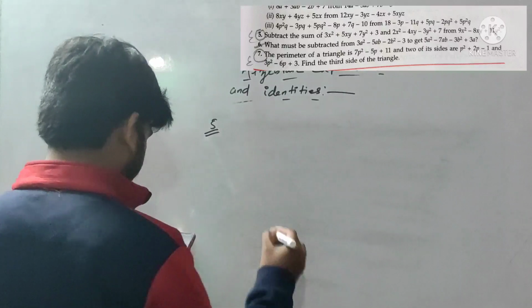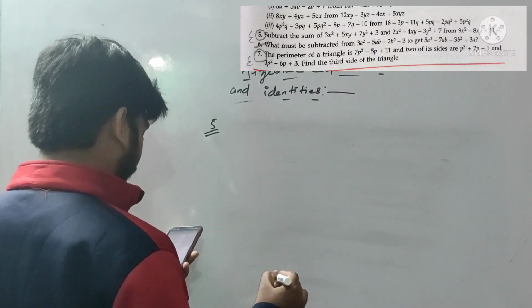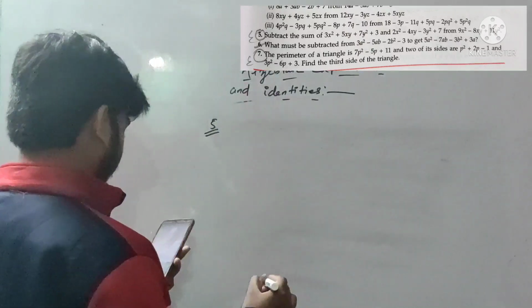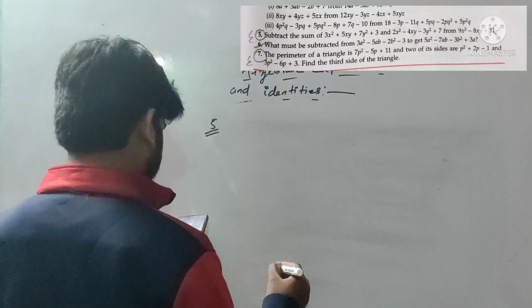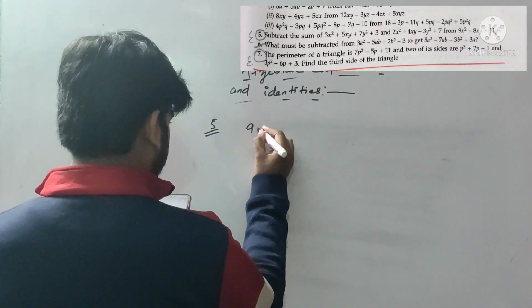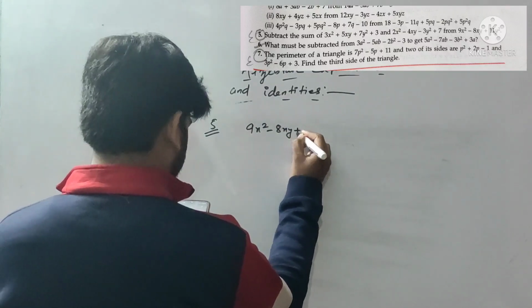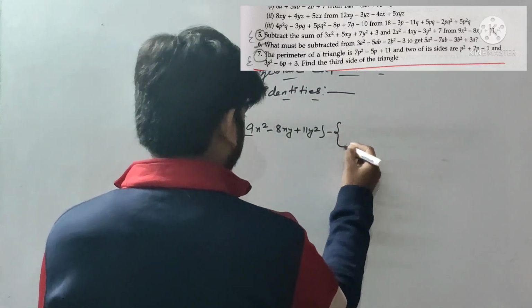Question number 5, we need to subtract the sum of this and this from this. Okay, so first of all, write here 9x square minus 8xy plus 11y square, this minus from sum of.